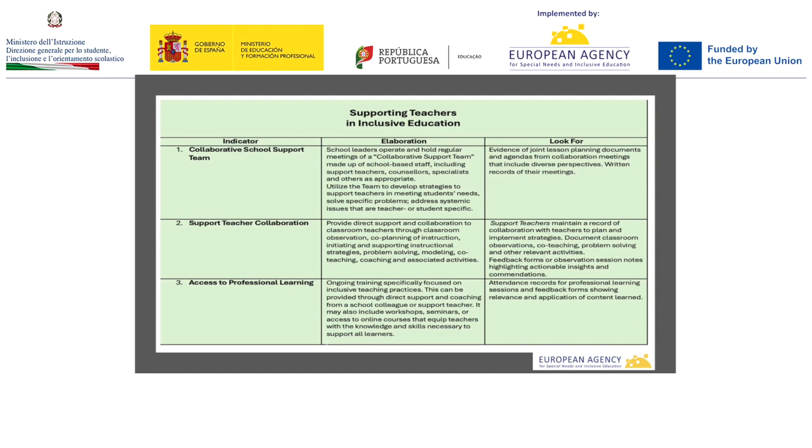The first one is collaborative school support team. The elaboration is that school leaders operate and hold regular meetings of a collaborative support team made up of school-based staff, including support teachers, counselors, specialists, others as appropriate. And they utilize the team to develop strategies to support teachers in meeting students' needs, solve problems, address systemic issues that are teacher or student specific.